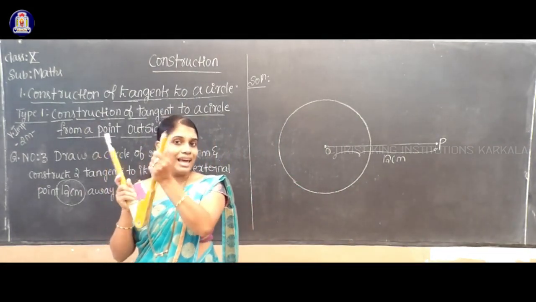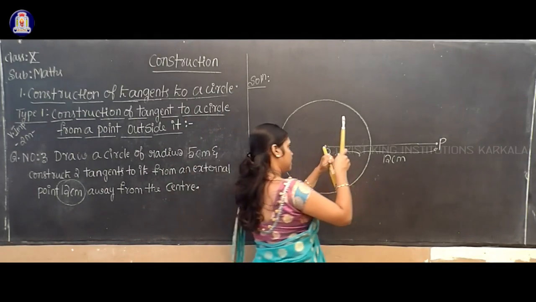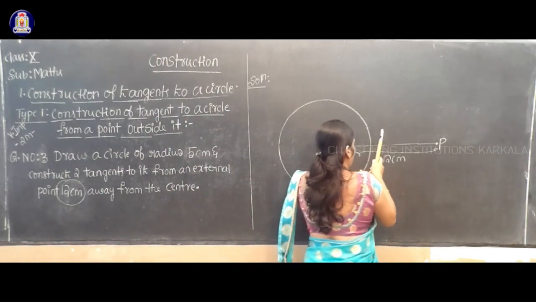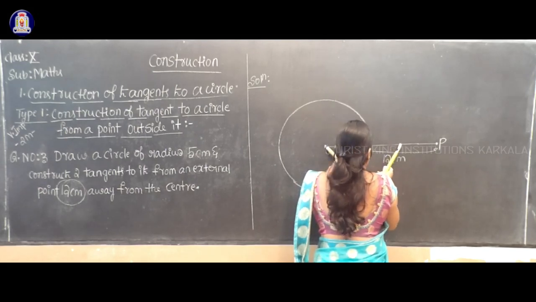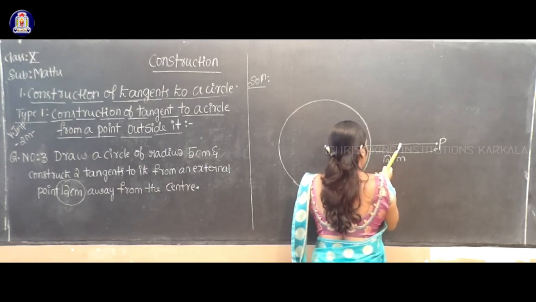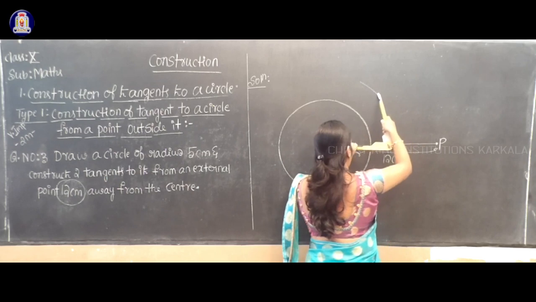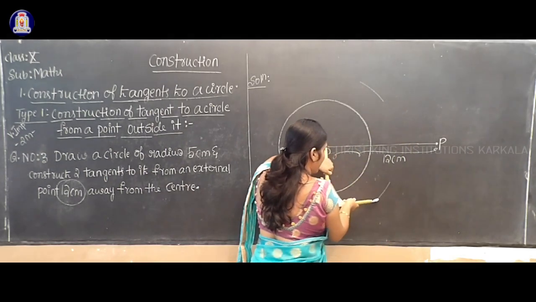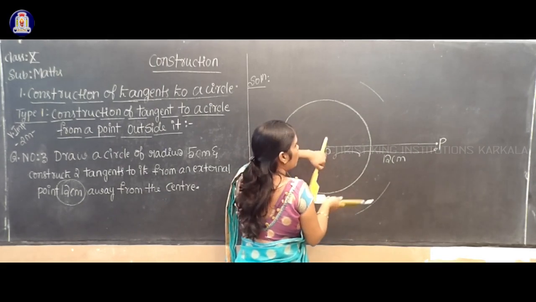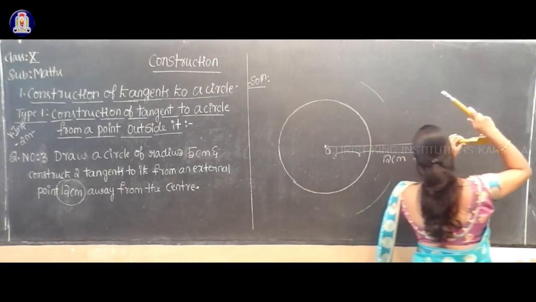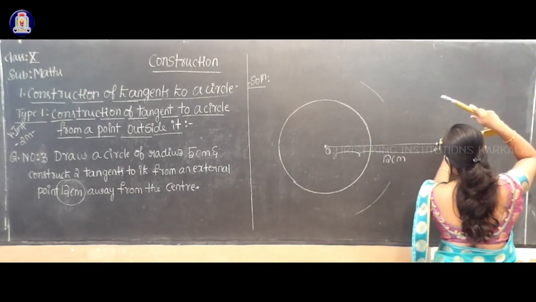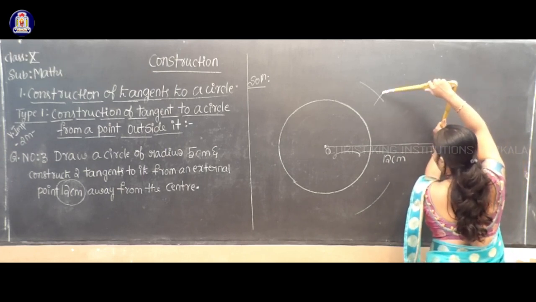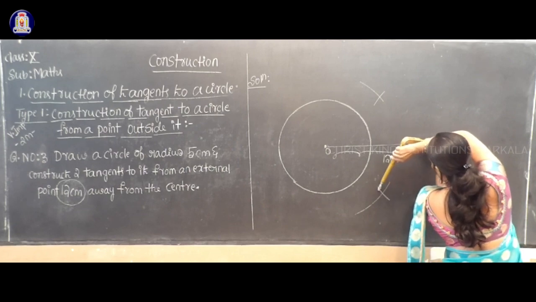Keep the leg of your compass at the point O and take more than half of OP and draw one arc at the top and another arc at the bottom. Once again, with the same measurement, keep the leg of your compass at the point P and cut these two arcs.